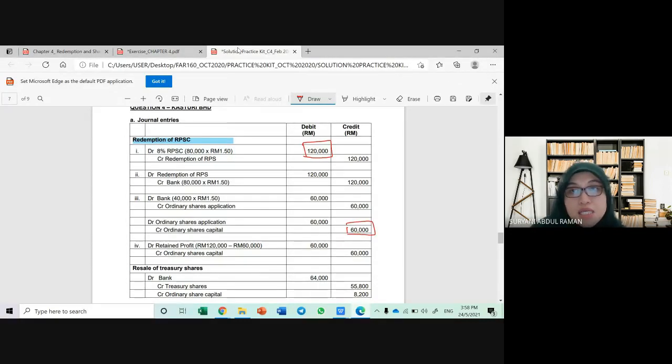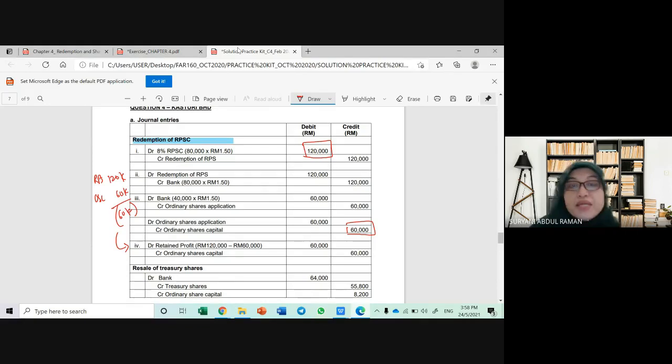You still need more, because the amount that you redeemed just now is 120K. You have made the redemption by issuing shares of 60K. So you still have a balance of how much? Another 60K. So where to top up this value? You are going to take it from your profit.